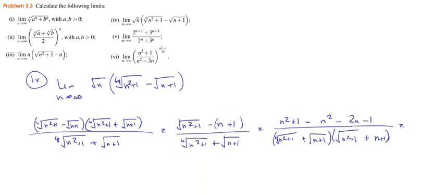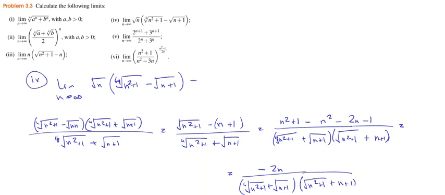Okay, and so what you're left with is minus 2n over, and then the fourth root of n squared plus 1 plus the square root of n plus 1 times the square root of n squared plus 1 plus n plus 1. Okay, now you substitute here. Okay, so that's one way of doing it.